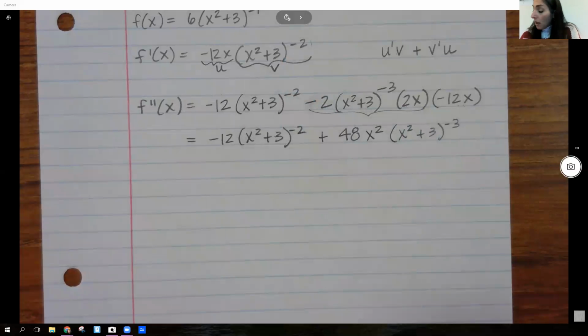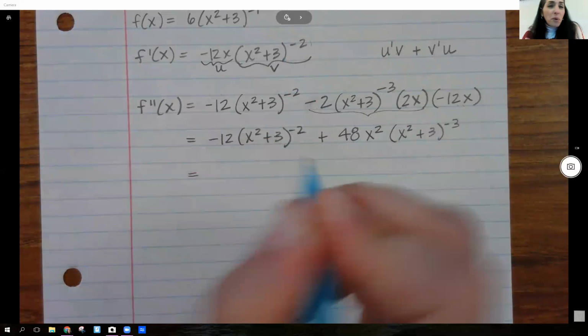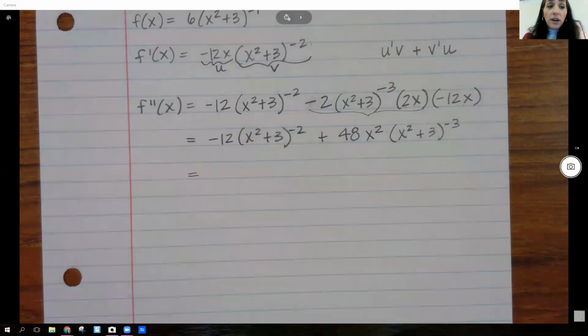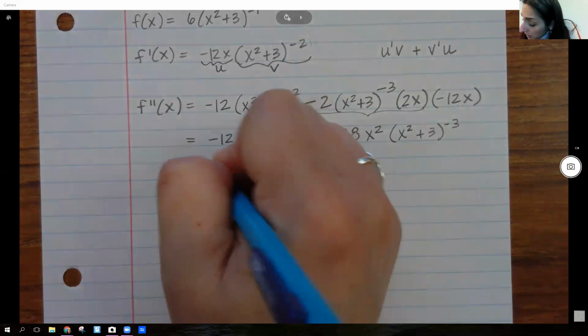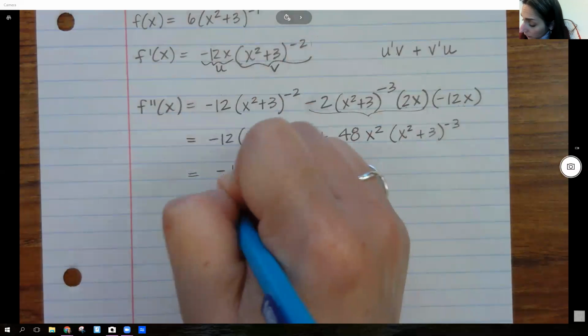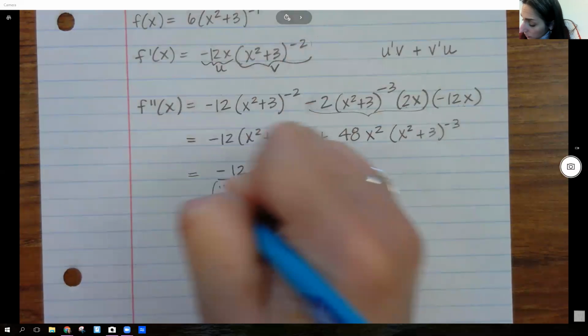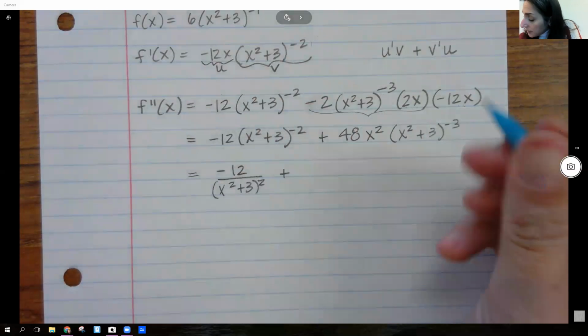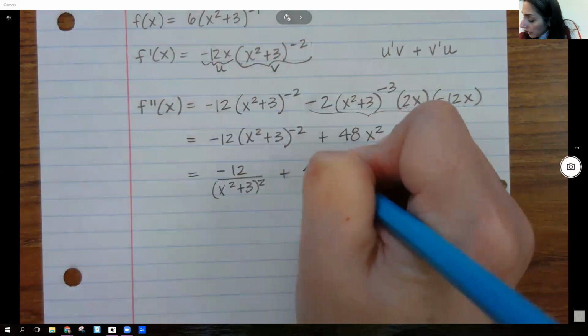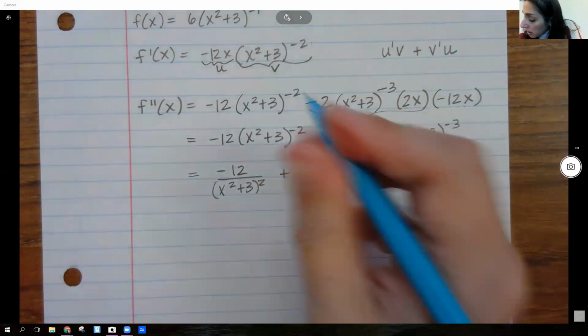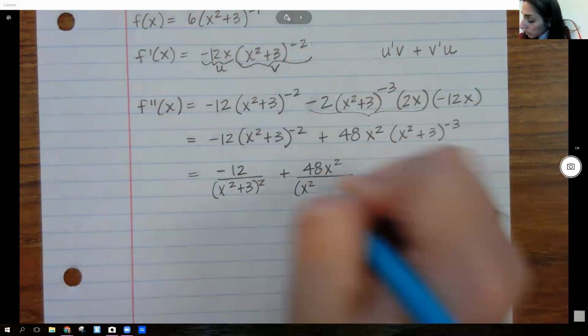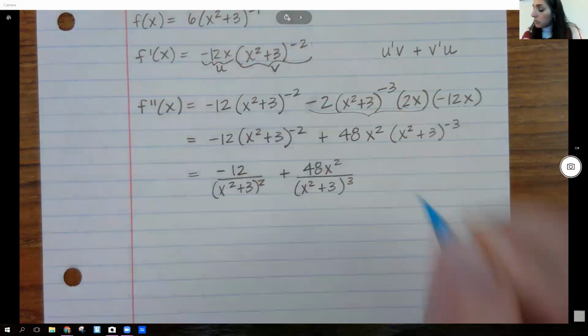So, okie doke. Now if I rewrite this, because remember, we're going to have to set it equal to 0. We're going to have to find where it doesn't exist, that kind of stuff. So we need to get it into a fraction. So this would be negative 12 over x squared plus 3, quantity squared, plus 48x squared all over x squared plus 3 cubed.